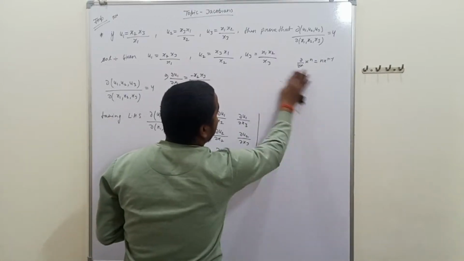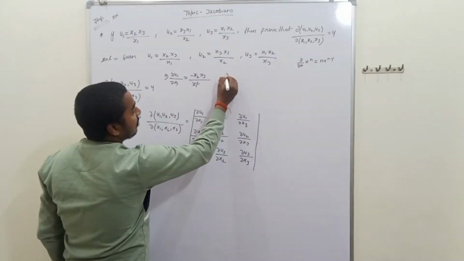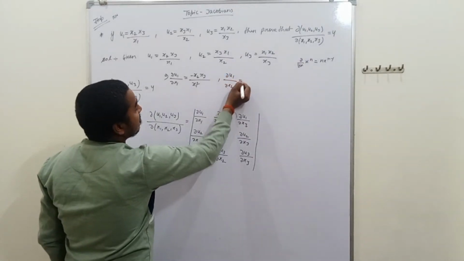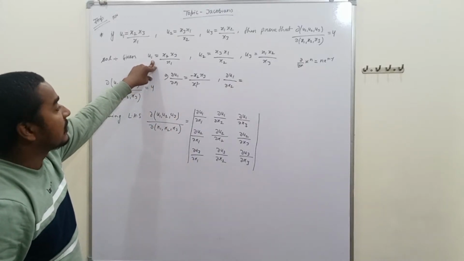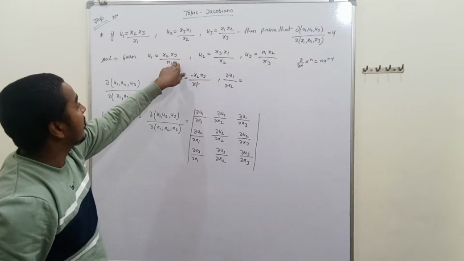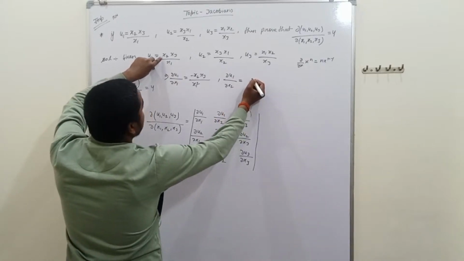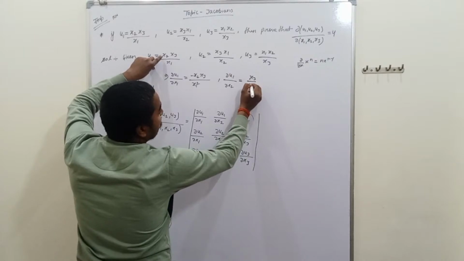Further we have to find del u1 upon del x2, and this is given by differentiating u1 partially with respect to x2, taking x1 and x3 as constant, that is differentiating x2 with respect to x2 is 1, so the result is x3 upon x1.